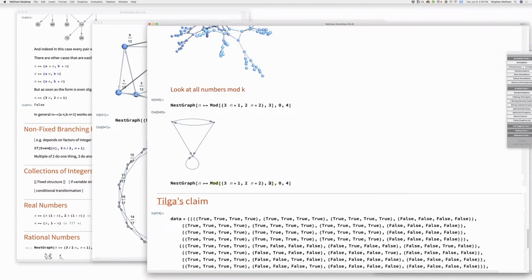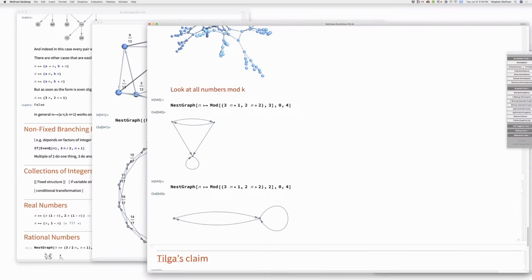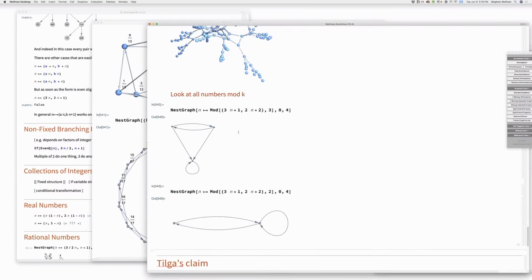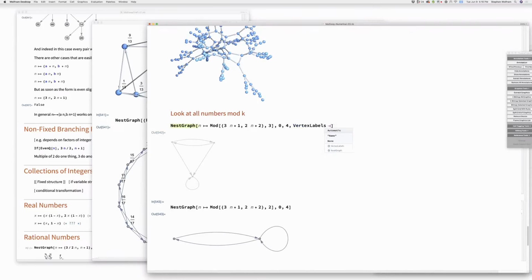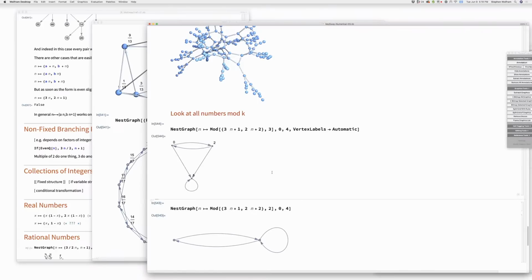So mod 3 and mod 2, you're saying that we could mod out numbers. We could take only numbers of a certain form. No, this is saying, if I label that graph, numbers that are 0 mod 3 always map to numbers that are 2 mod 3, and so on.